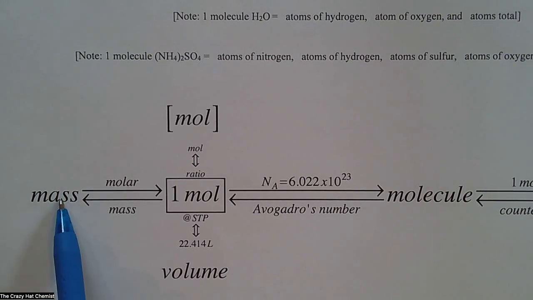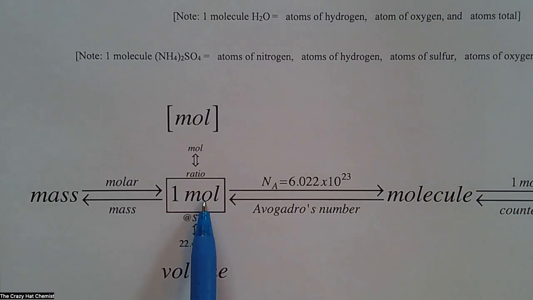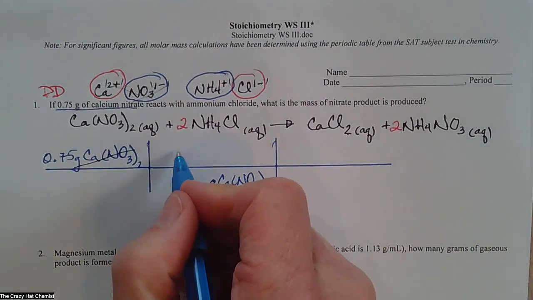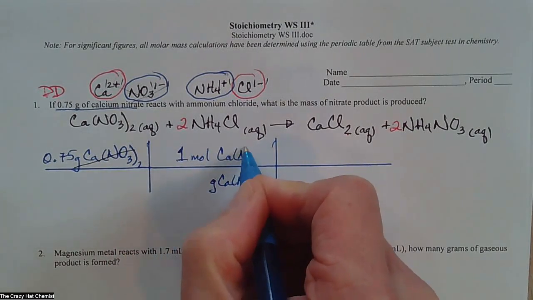I'm going from a mass to moles, and the conversion is the molar mass. This moles tells me what the units are in the numerator, and the number associated with that is a 1. So we're going to write that down.